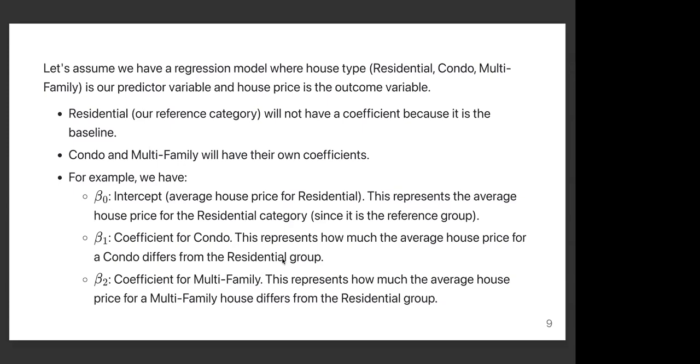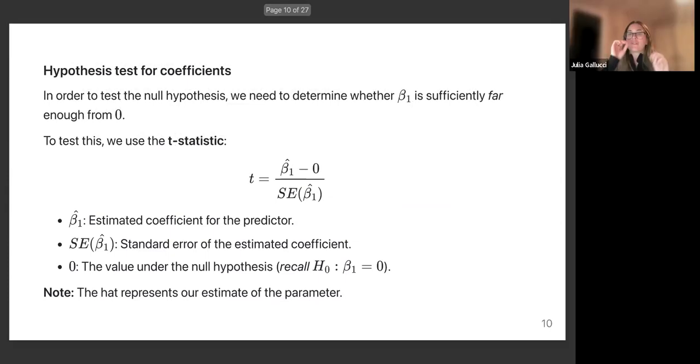Cool. Okay. So we went over these hypotheses, so now we have them, and the next question becomes, how do we test them? When testing the null hypothesis for the regression coefficient, for example beta 1, we need to determine whether or not it is sufficiently different from 0.